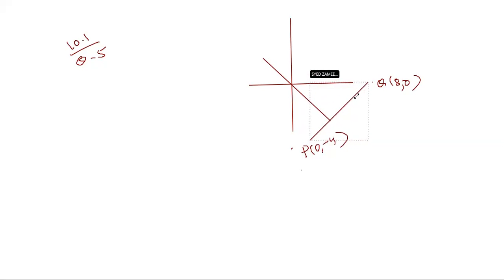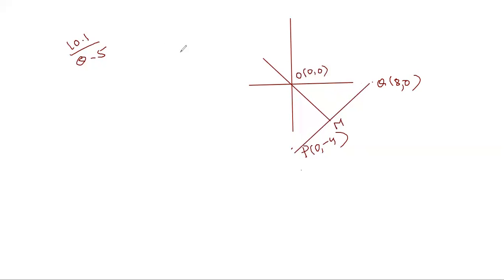So this line will come up to here. Suppose this is M. M is the midpoint of PQ, and the coordinates of the origin, you know.